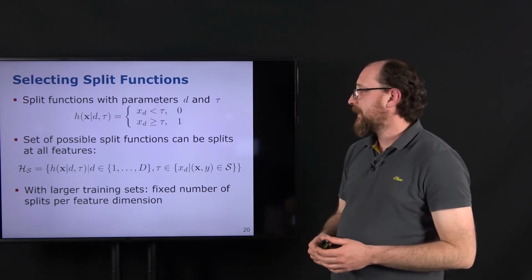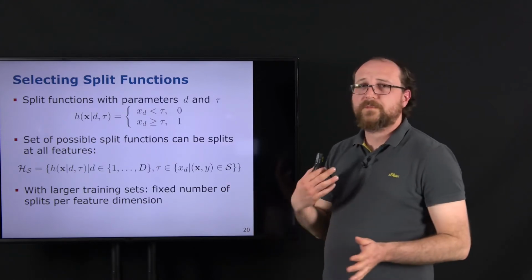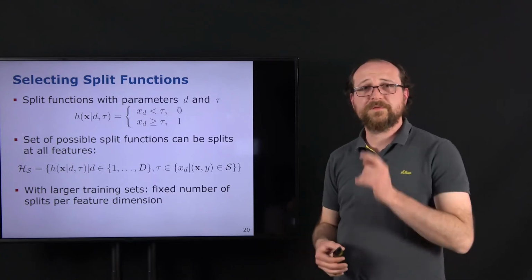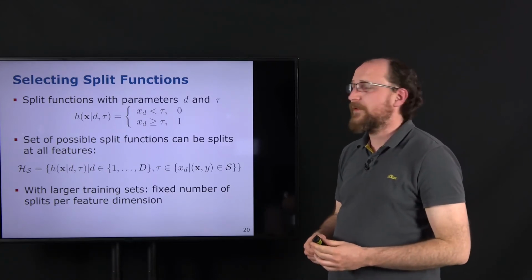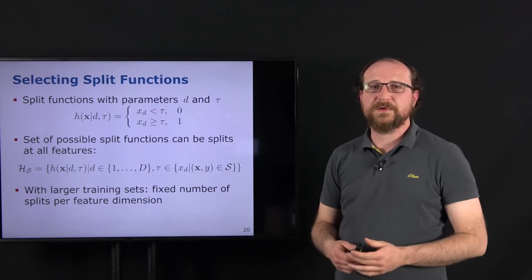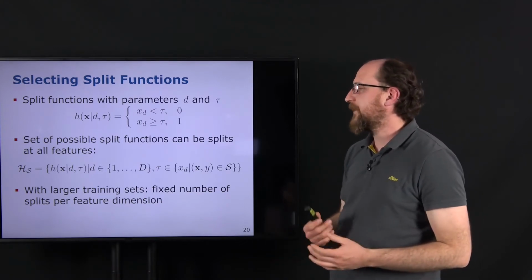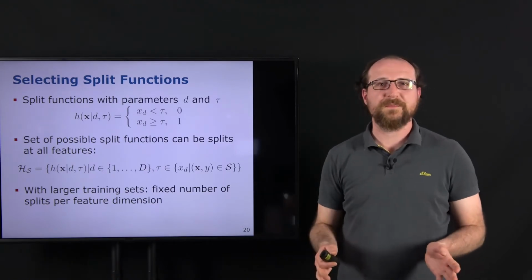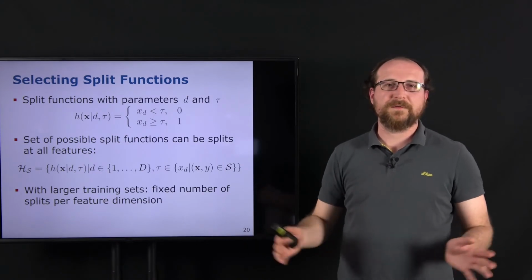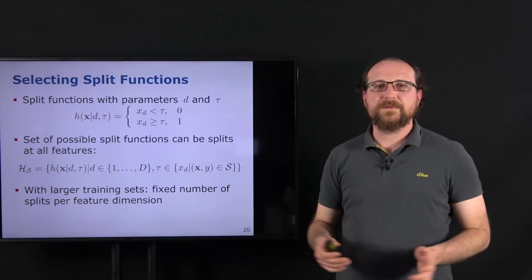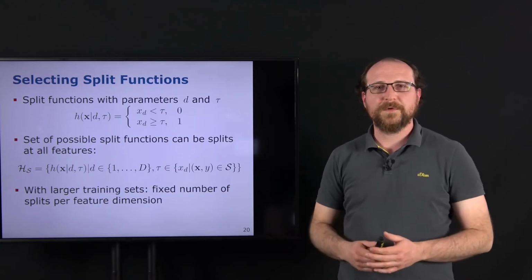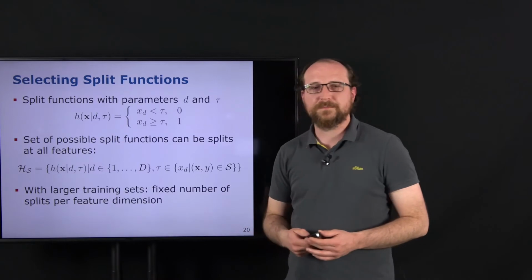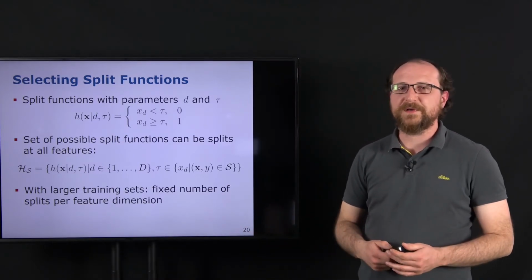We search exhaustively for all the possible split functions in our subsets, but when we have larger training sets, to speed it up a little bit, we can just use a fixed number of splits. Maybe we determine the minimum and maximum in this dimension, and then just take 10 splits that are equally distributed over the whole continuum, and then use this as split functions.